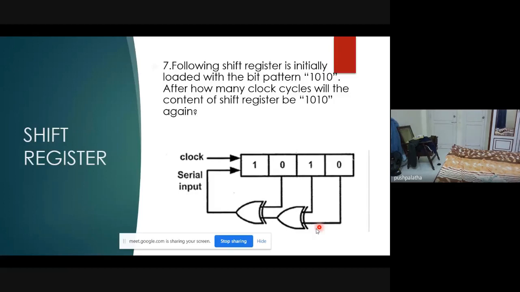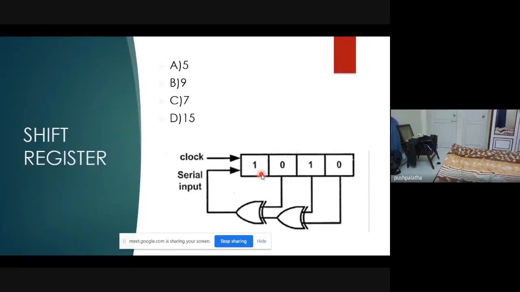Now what they're asking is after how many clock cycles it will be again 1010. We will work this out. The options given here are 5 clock cycles, 9 clock cycles, 7 clock cycles, and 15 clock cycles. Now shall we go for the working?